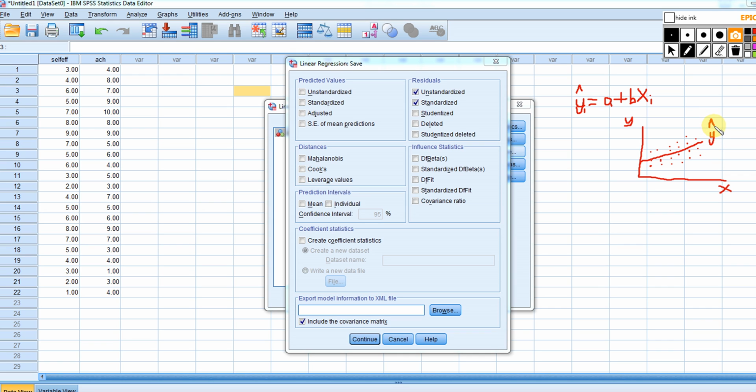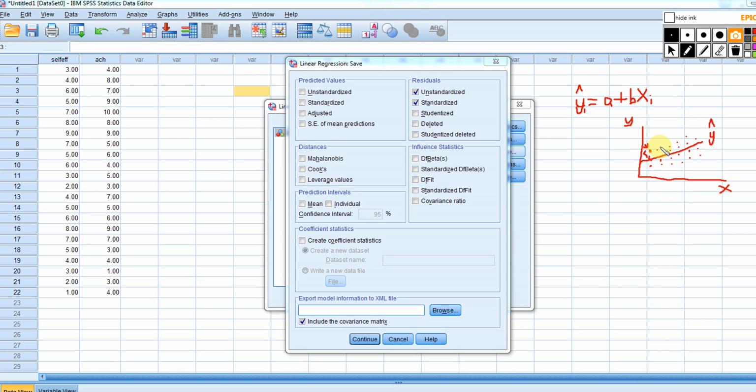So for each person, when you take their actual data point and take the difference between their actual score on Y and their predicted score on Y, which would fall right on the regression line, that difference is referred to as a residual or a prediction error.